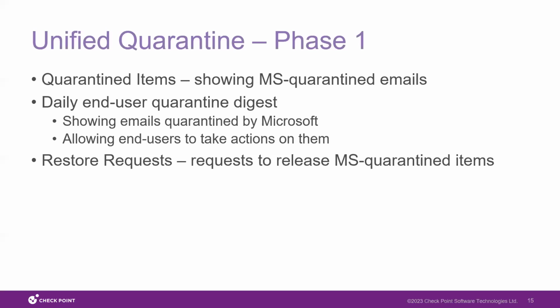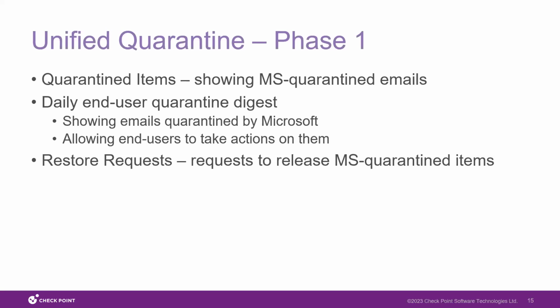Well, when you introduce multiple layers, what happens? Microsoft sends a digest that looks and feels one way, then a secondary party like us sends one with our quarantine, and now they're getting two. They're trying to figure out why, they look different, are these real?